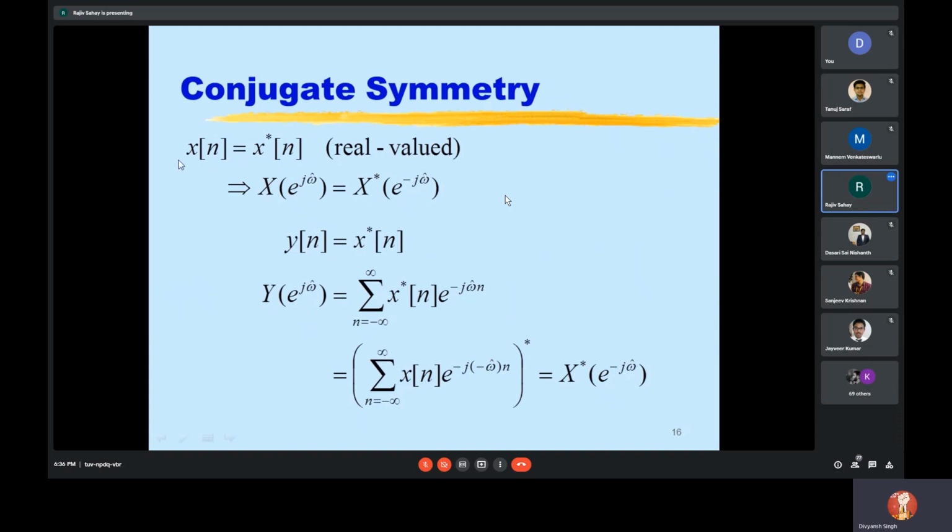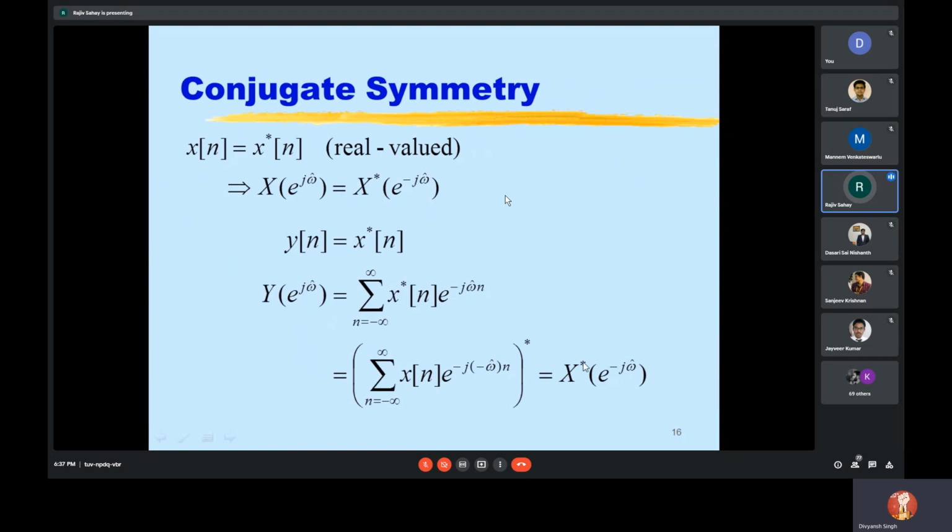So how to show that? For a real signal, x of n is equal to x star of n. So this is in the time domain n. For a real signal, if you take the DTFT of both sides, then for the conjugate, you have this particular DTFT. And we have seen this in the previous slides. You can also show how this comes. You can take y of n as x star of n and find out y of e power j omega. You can directly do this.